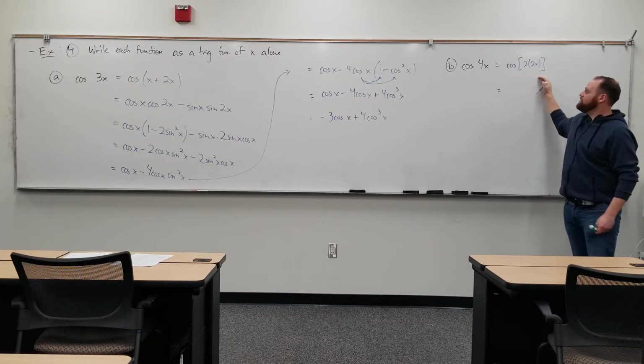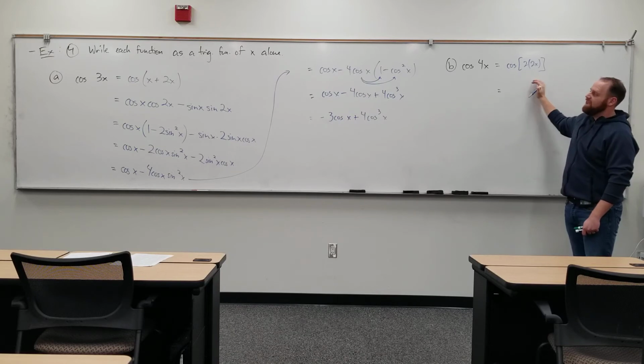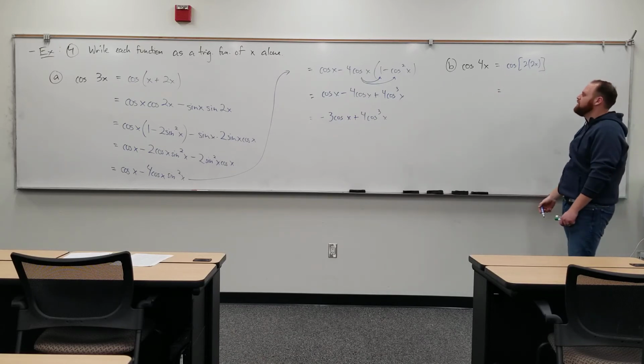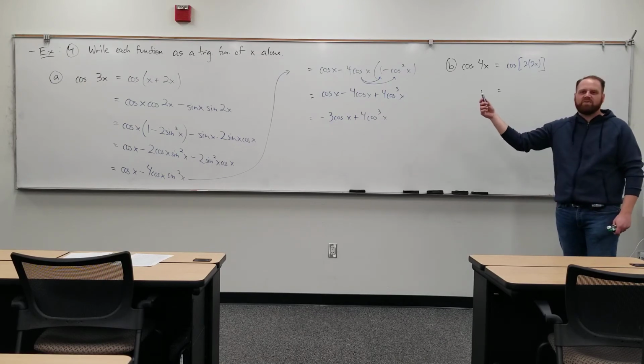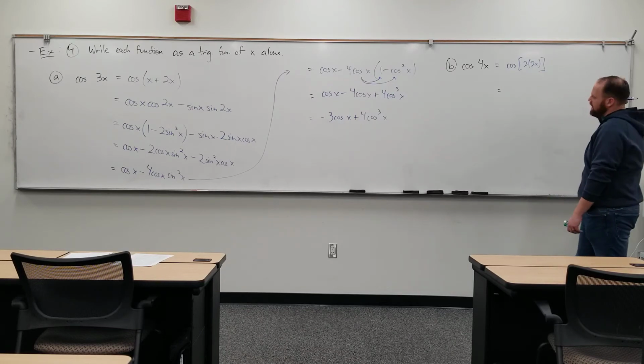And we have a whole bunch of formulas for this. If we're trying to write this in terms of just a single trig function, then probably we should choose either the 1 minus 2 sine squared or the 2 cosine squared minus 1 version of the formula.